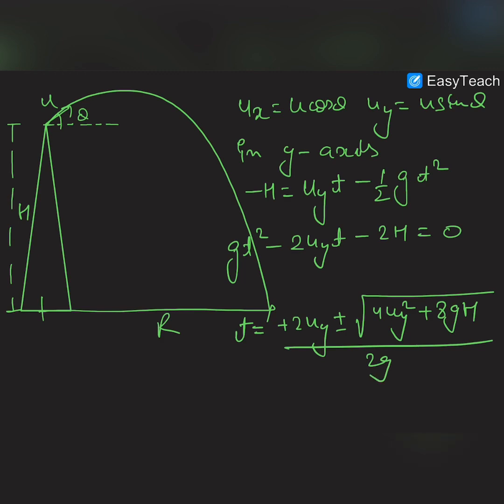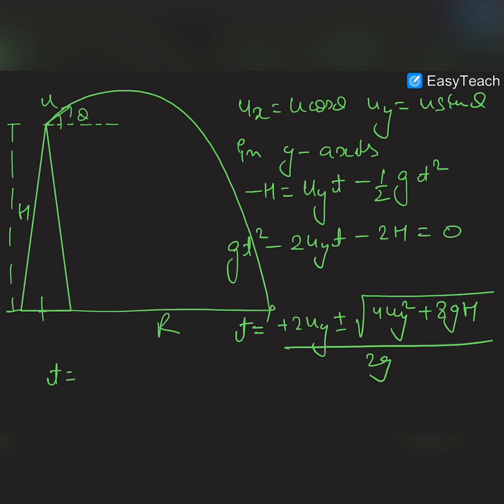Now you can see that this term is obviously greater than this term, therefore we cannot take this negative sign, because in that case time would be negative and negative time cannot be taken. So time is equal to 2uy plus under root of, now let us take 2 common and cancel this 2 with this one.